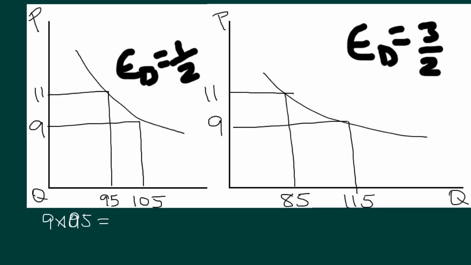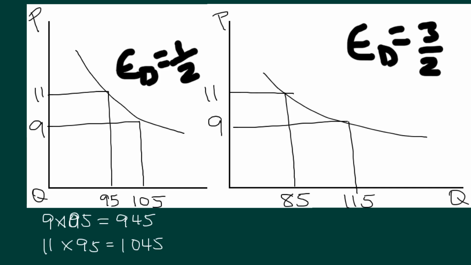See how 9 goes with 105. 9 times 105, which equals $945. If we were to raise our price, now the $11 is associated with 95. So it's 9 times 105 to get 945, and 11 times 95 to get 1,045.